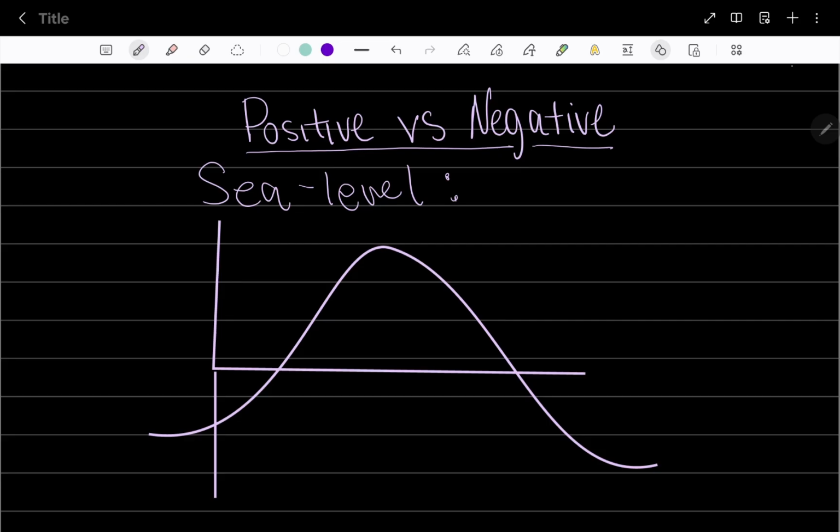Here we have 0. So 0 is our sea level. And remember, anything above 0 is positive. Anything below 0 is negative. So, if we want to look at the top, this is where we're starting at sea level.